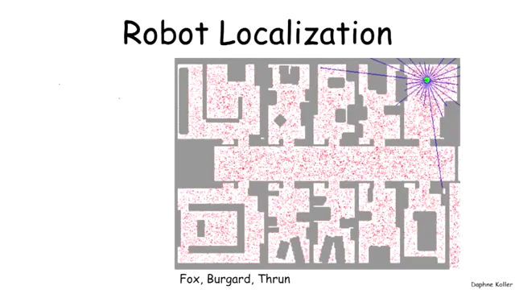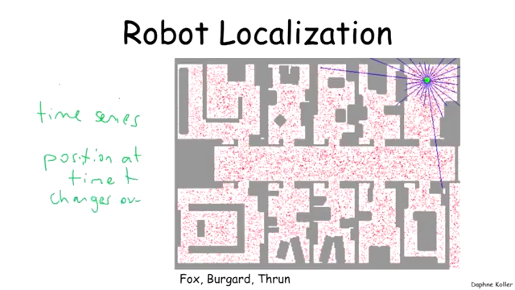Another example is that of robot localization, and this is another example of, in this case, a time series, where the robot moves through time from one position to the other, and although the position at time t changes over time, we expect that the dynamics of the robot are fixed.